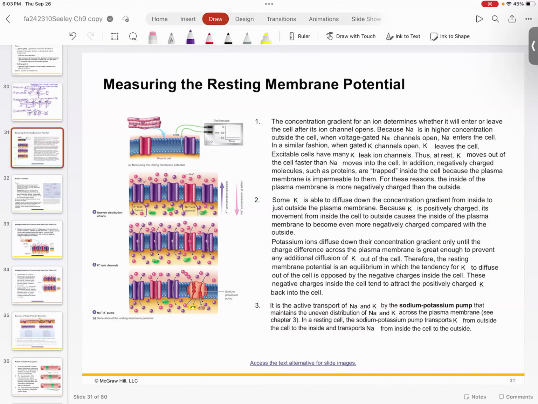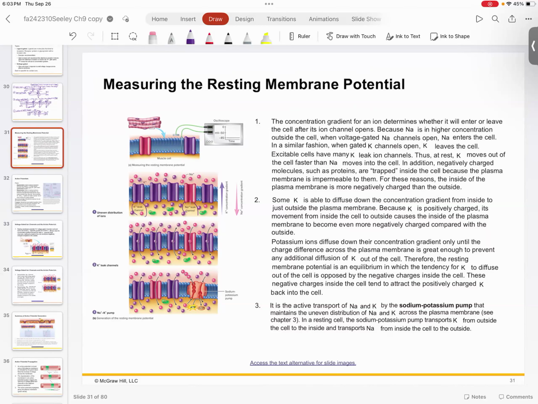The idea is to maintain a stable membrane potential. You don't want it to build up and get too extreme, so you let some of these ions come back and forth so they don't build up too aggressively and create too much charge separation.